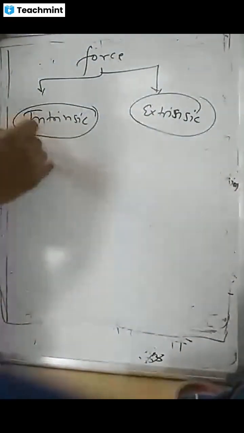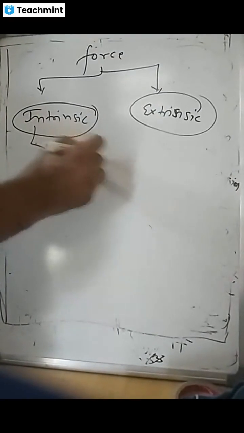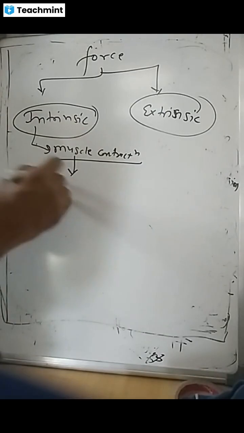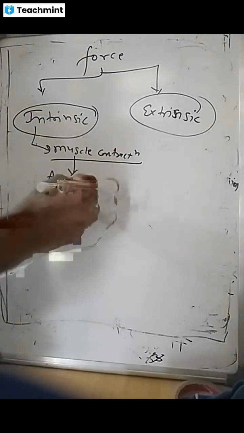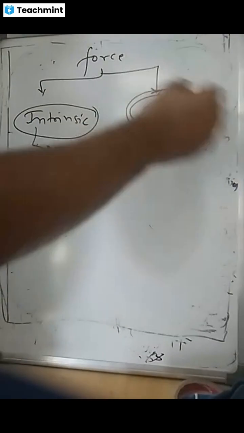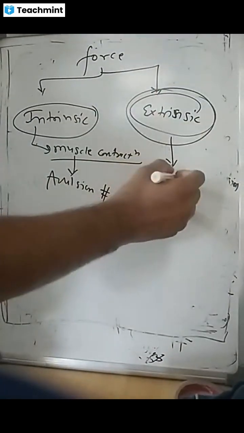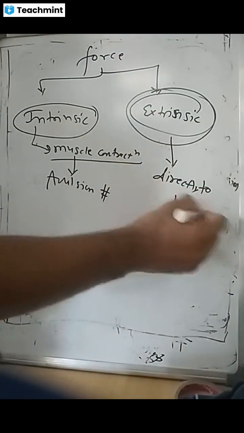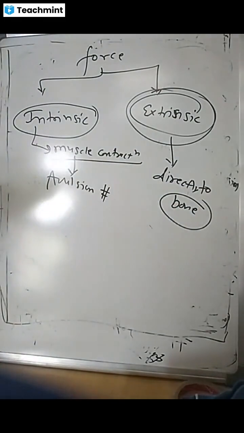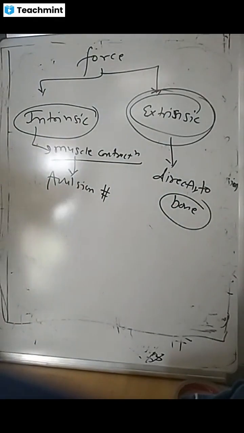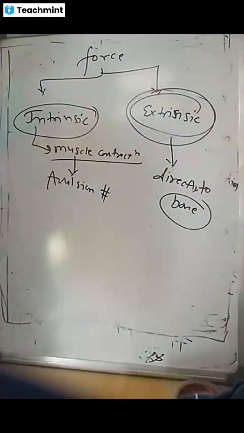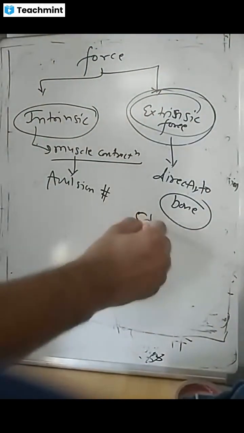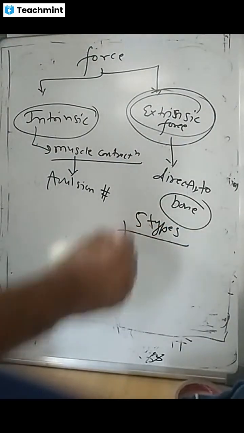Intrinsic force, we explained with muscle. Extrinsic force is applied directly to the bone. These are of five types.